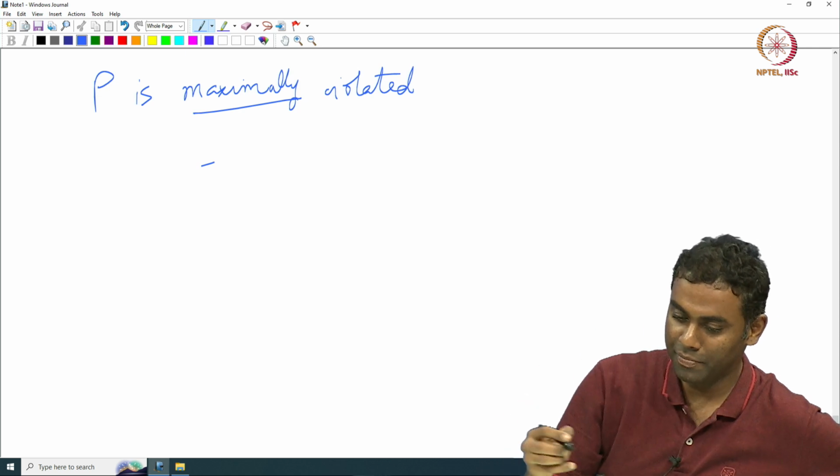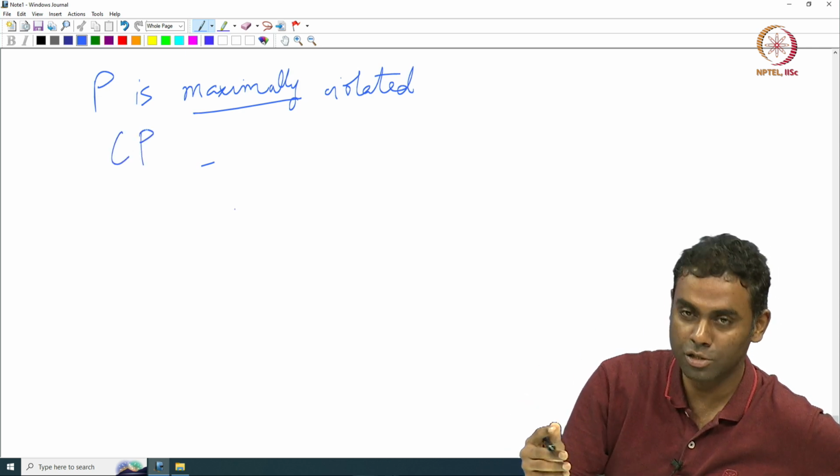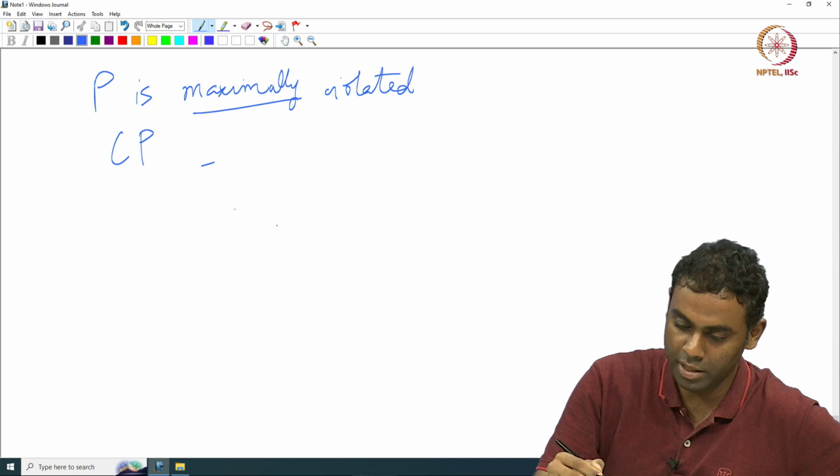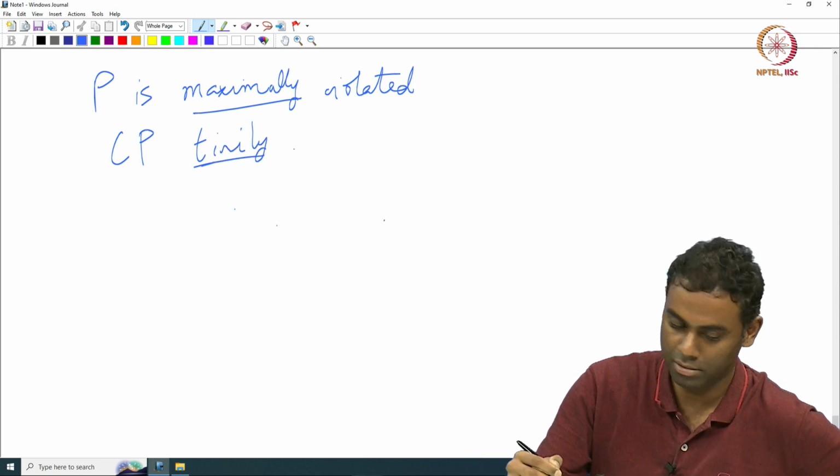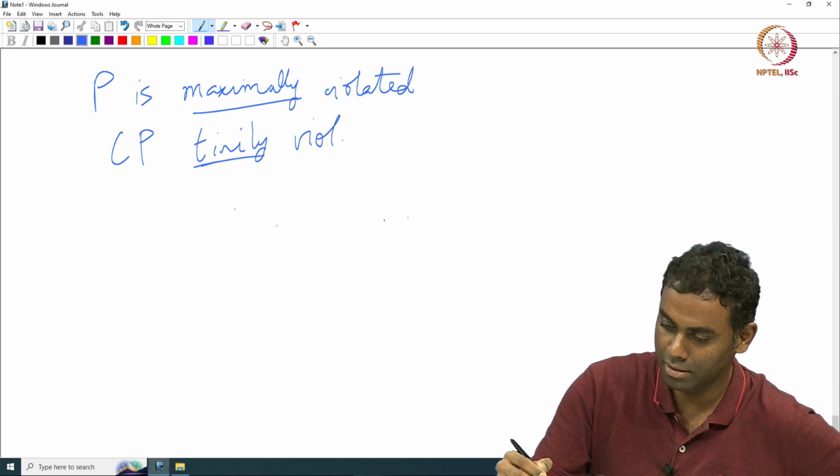But the thing with CP is that there is no such big violation, right. CP is only very tinily violated, only at the level of 1 part in 1000, right.